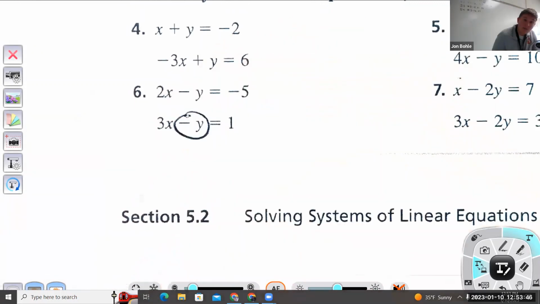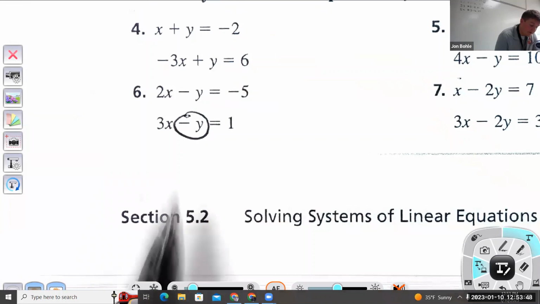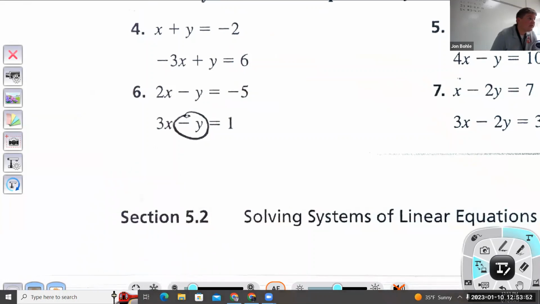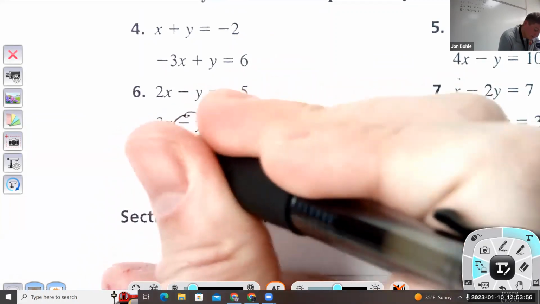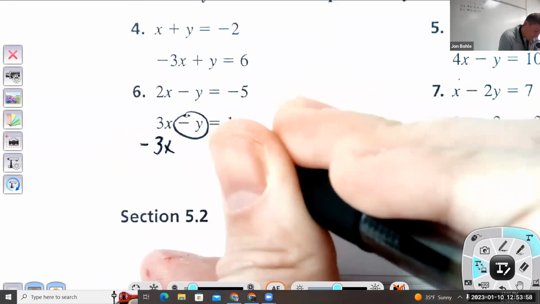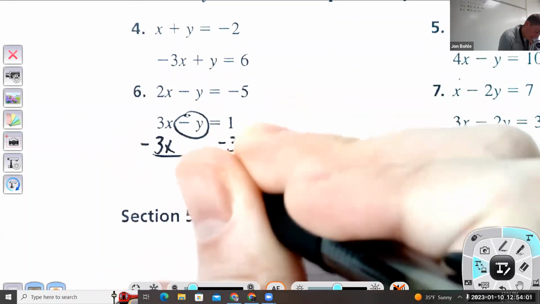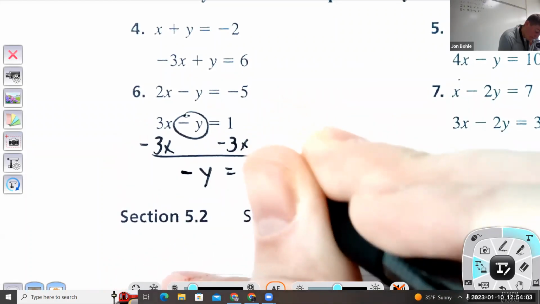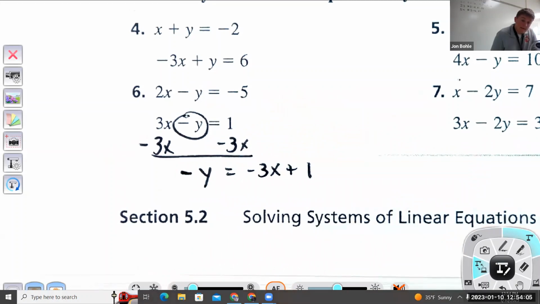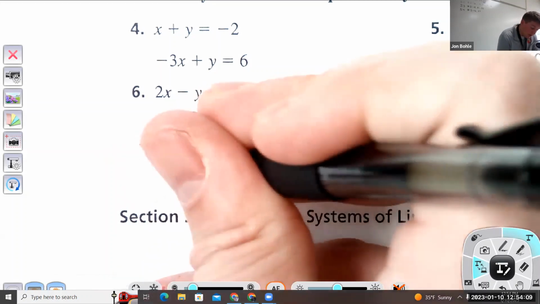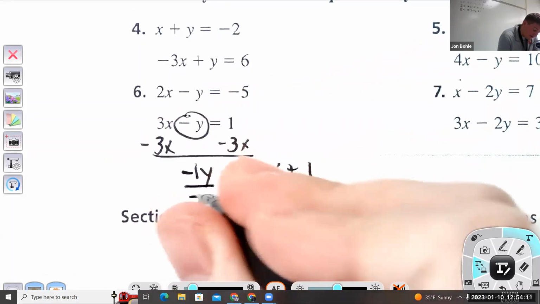If I wanted to get that y by itself, I'd have to get rid of this 3x. Is that a positive or negative 3x? Positive, so I would minus it. Okay. If I have minus y, that's minus 1y, and I would divide everything by -1.